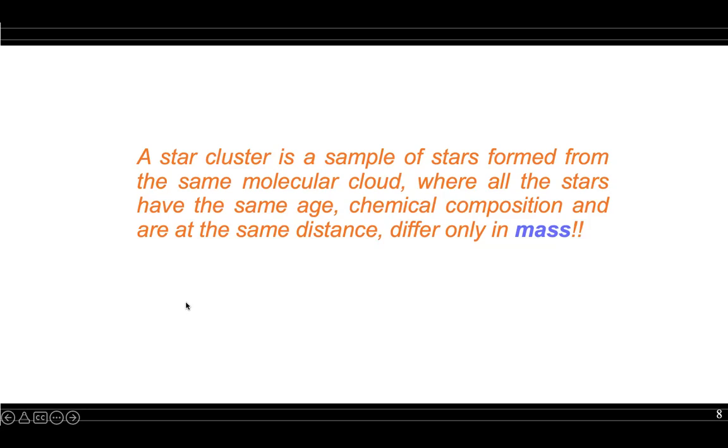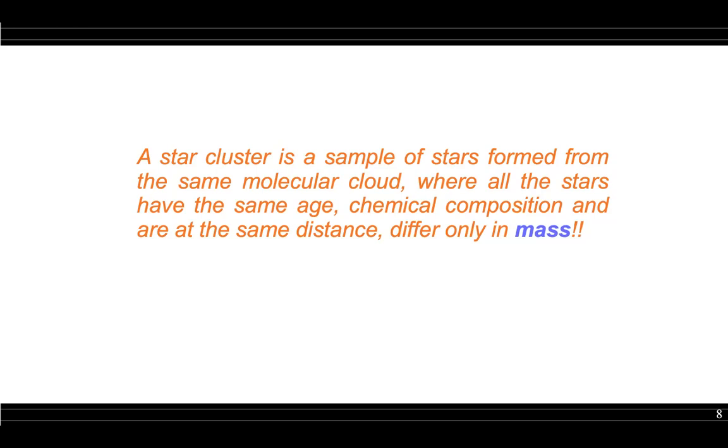And the distance to these stars from us, as observers, is about the same, right? The star clusters also extend over a large distance, but compared to the distance to the cluster, that is pretty negligible. So from our point of view, they all appear to be approximately at the same distance.